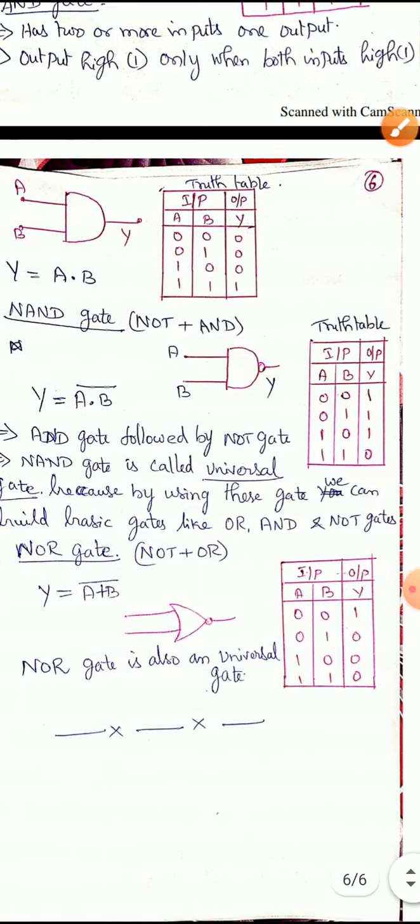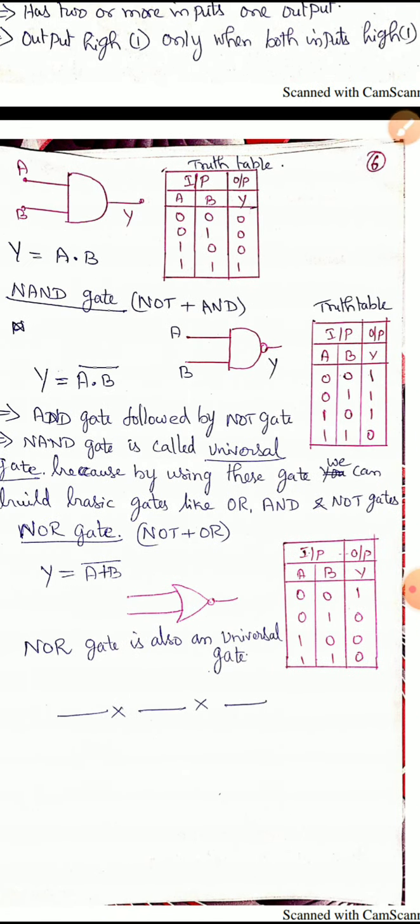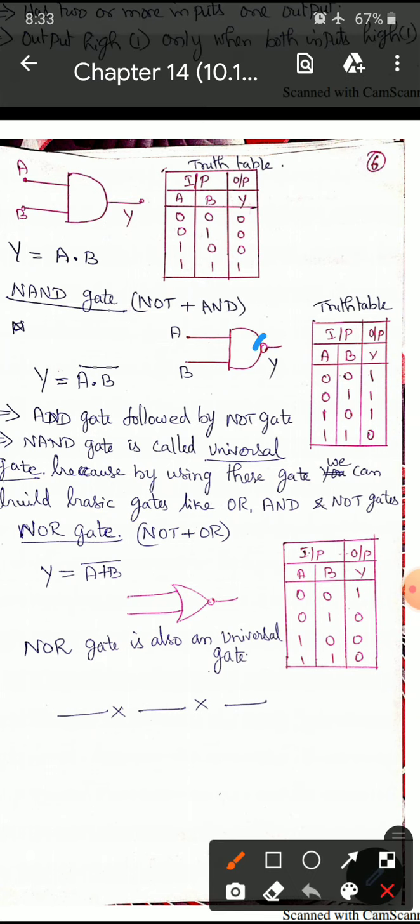See here, in the NAND gate, the bubble at the front of the NOT gate can be added here to the AND gate symbol, so that it combines and shows the symbol of the NAND gate, NOT plus AND.